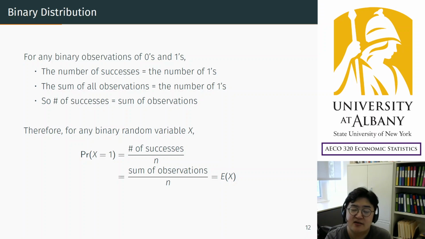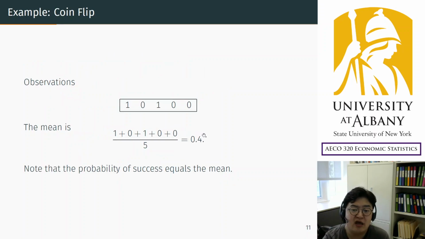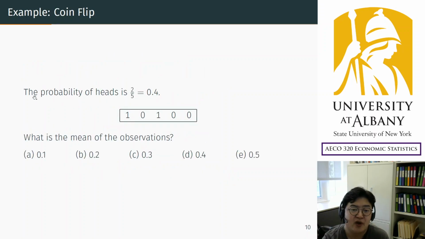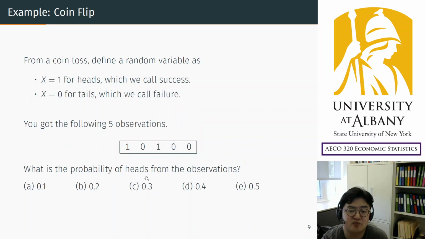It's because we encoded the outcomes as zeros and ones, right? So when I ask you what is the probability of heads, which means the probability of observing ones, then you are counting ones, right? 1, 2.